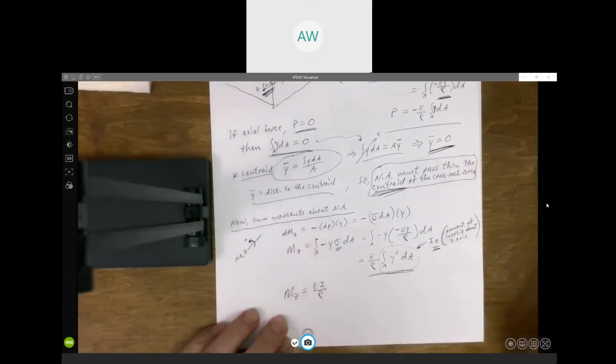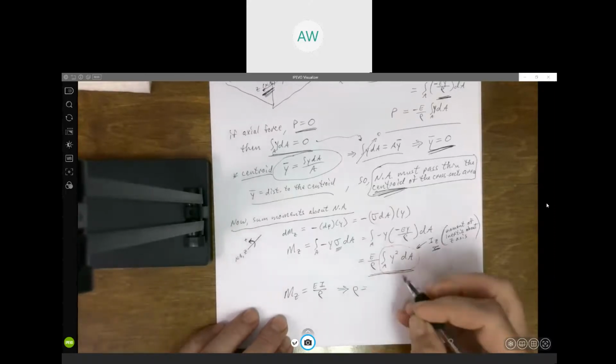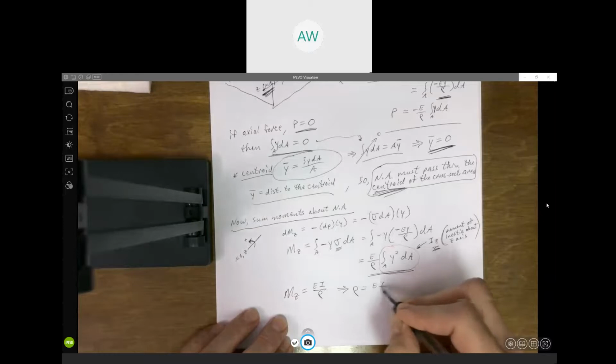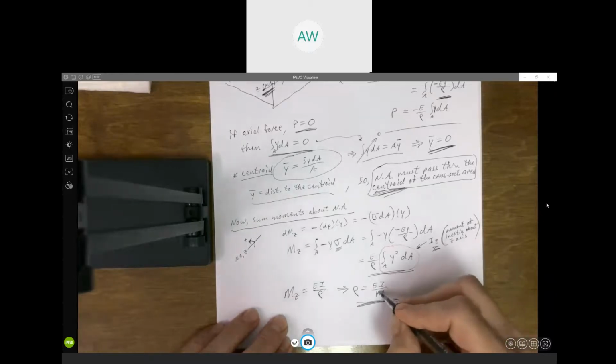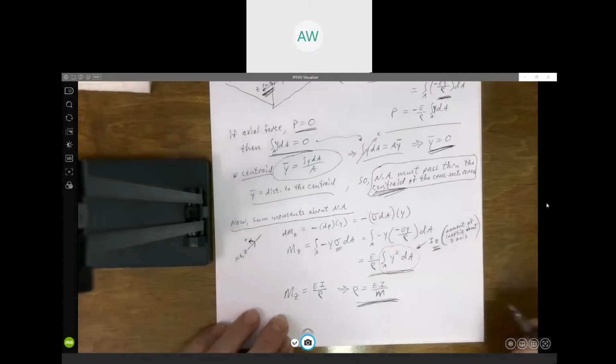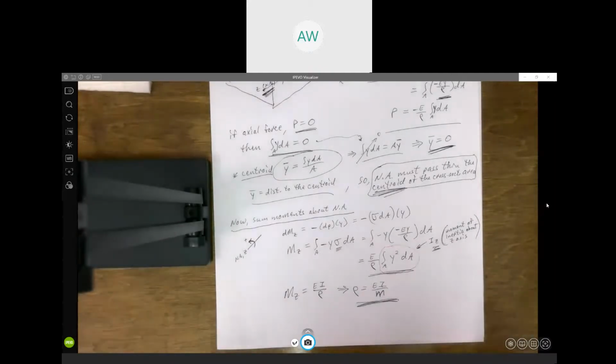Most of the time you'll see that subscript left off and it's just understood. Everybody knows what this formula is. It's the moment of inertia about the z-axis. So if we take that and solve for rho, I get rho is equal to EI over M. This M is our moment. All right, so that's what we were after.